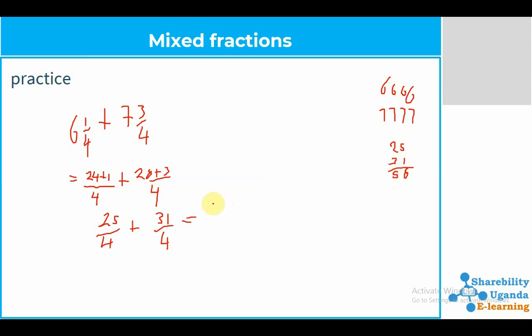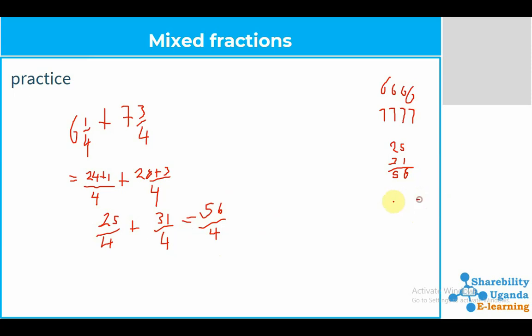So we are going to get 56 divided by 4. So that's how we can get our answer. But remember, we can change this into an improper fraction.